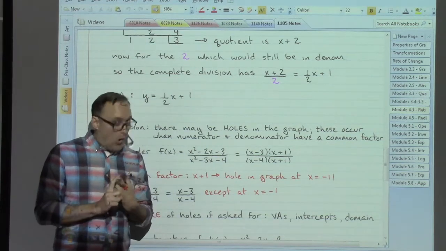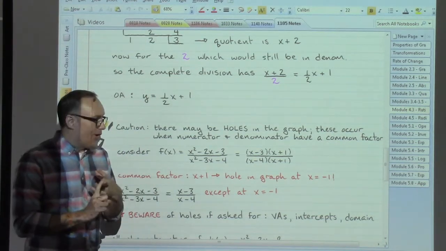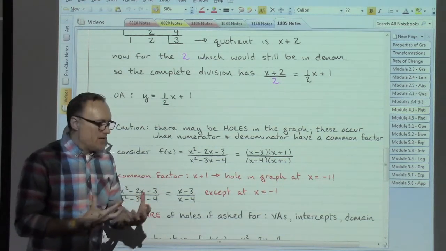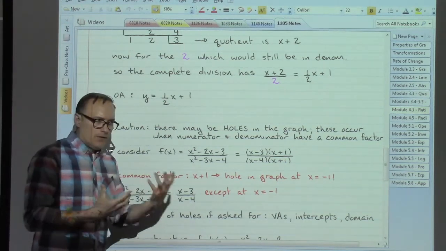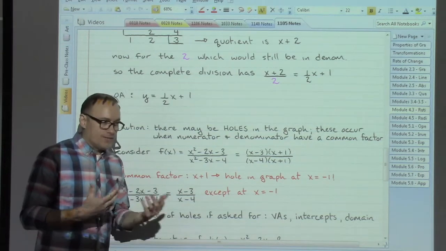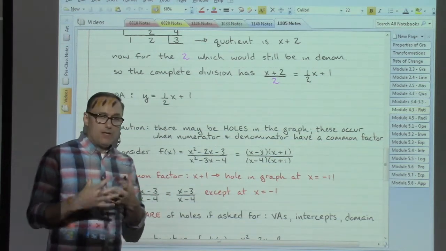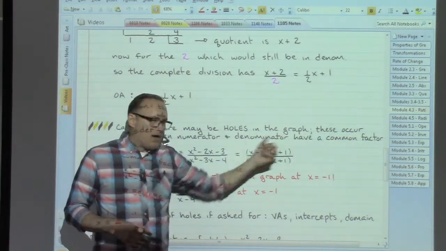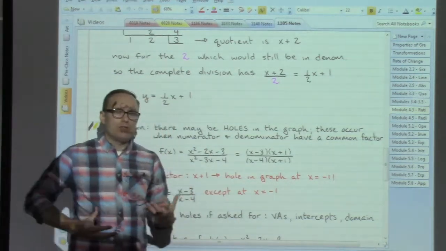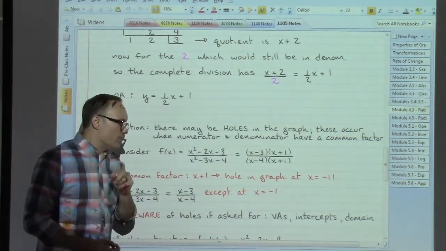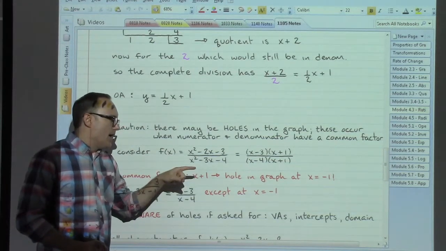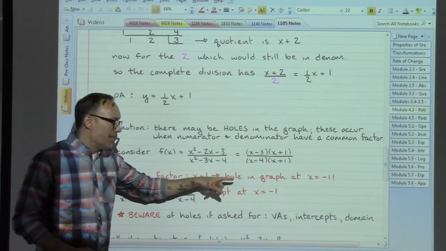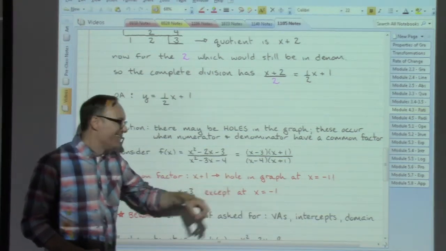It would be a hole. That hole is not going to play any sort of role in us finding the horizontal asymptote. It's not going to play a role in us finding the oblique asymptote either, because again, it's a common factor between the top and the bottom. It's something that we can eliminate as long as we recognize, hey, while I'm going to eliminate this, I am going to comment that there's a hole.